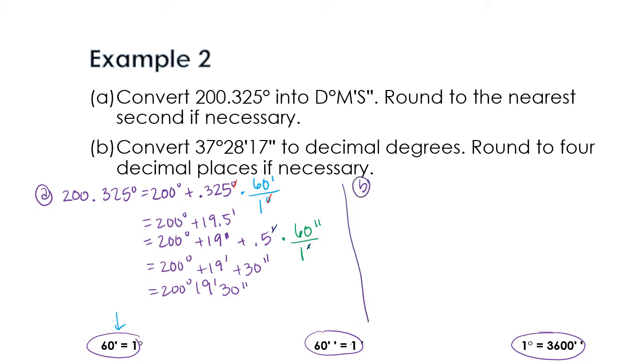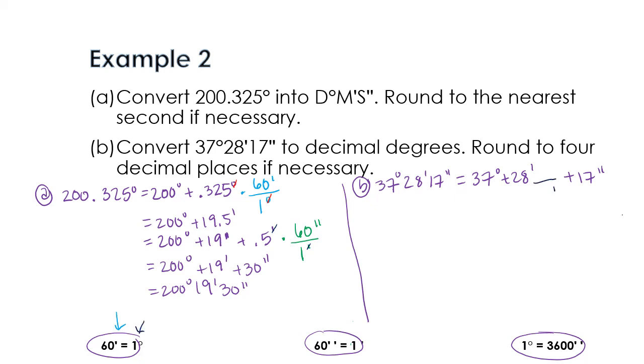For letter B, if we want to convert from degrees, minutes, and seconds to decimal degrees, we're going to do the same type of conversions. We already have this in terms of degrees, but now I need to convert these minutes and these seconds into degrees. We know these relationships. We know that 1 degree is equal to 60 minutes.